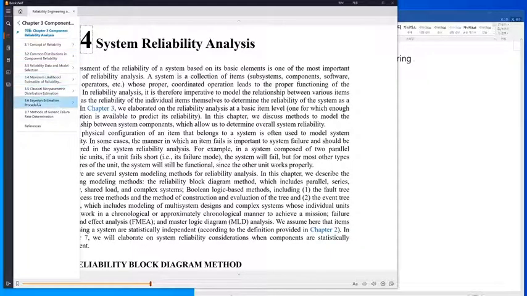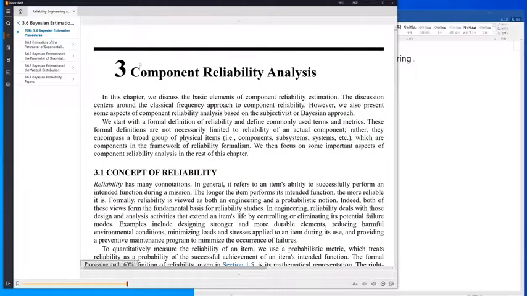And if we go to section 3.6, it is about the Bayesian estimation procedure.